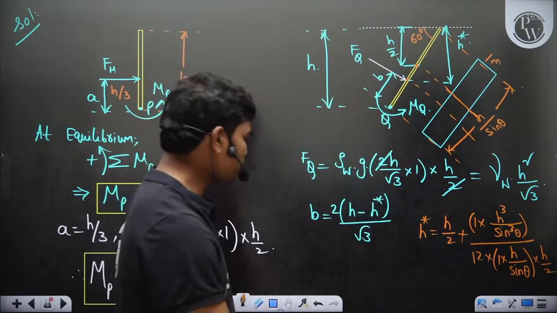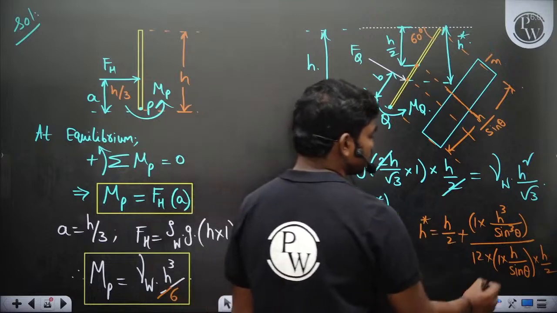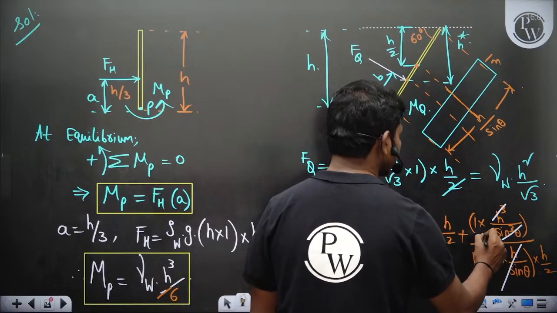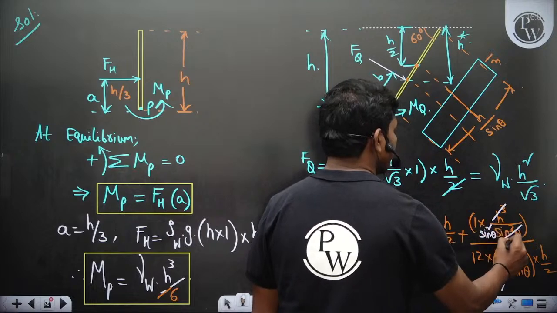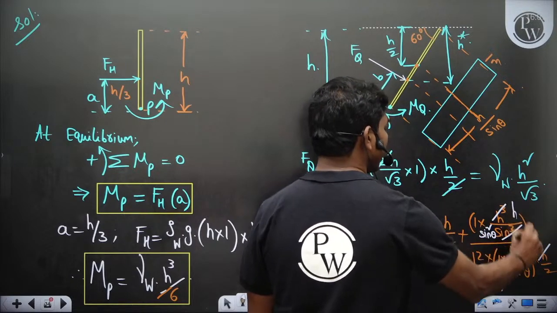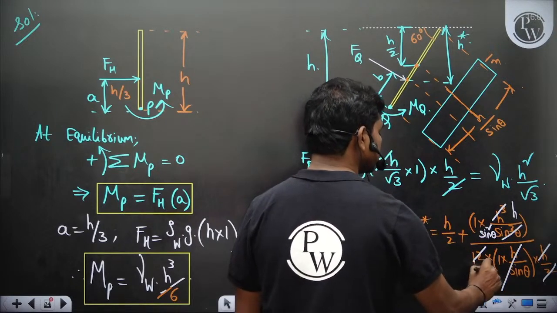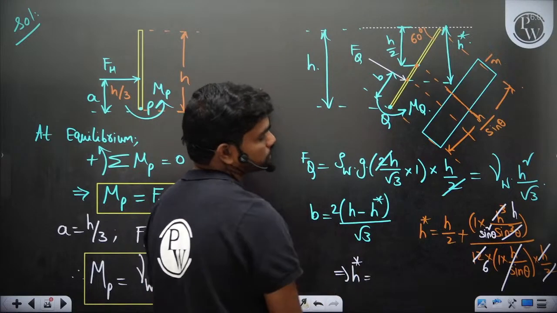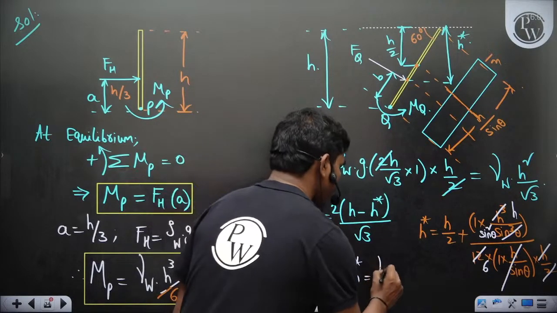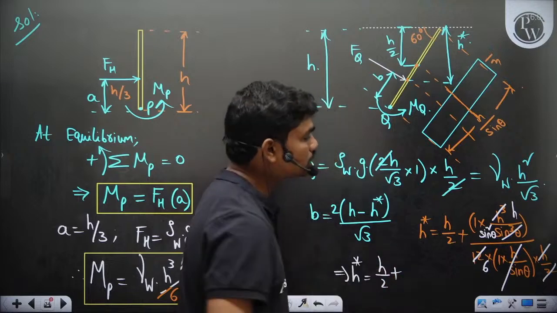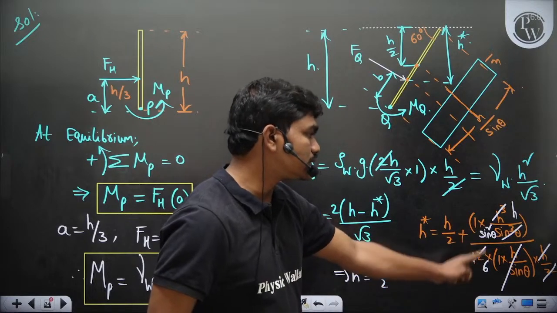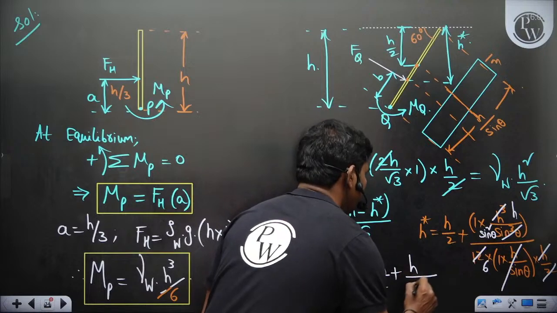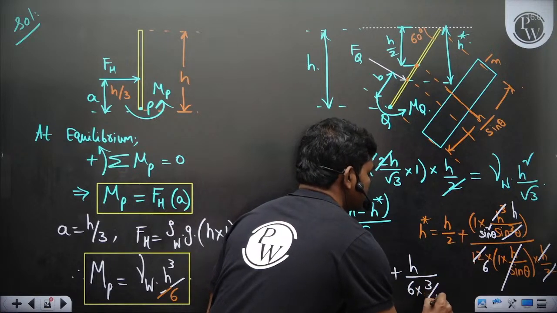Okay, so let's simplify this carefully. So if you simplify h by sin theta, so you have sin square theta here and you have h square. If you cancel this h, you would have only h, then 2 cancels this 6 times. So h star value is going to be h by 2 plus h by 6 sin square theta. So h by 6 into sin square theta, which is 3 by 4.